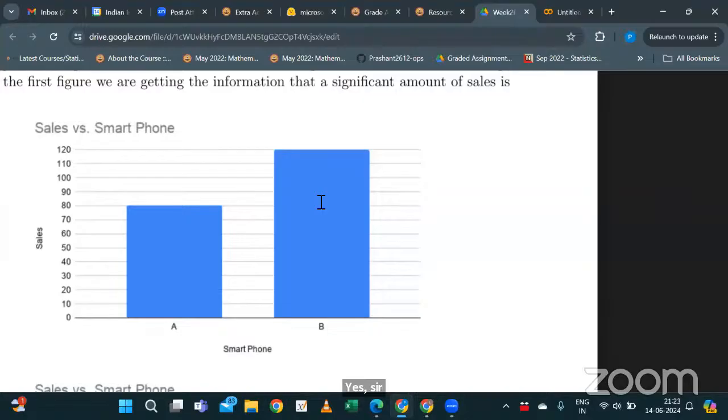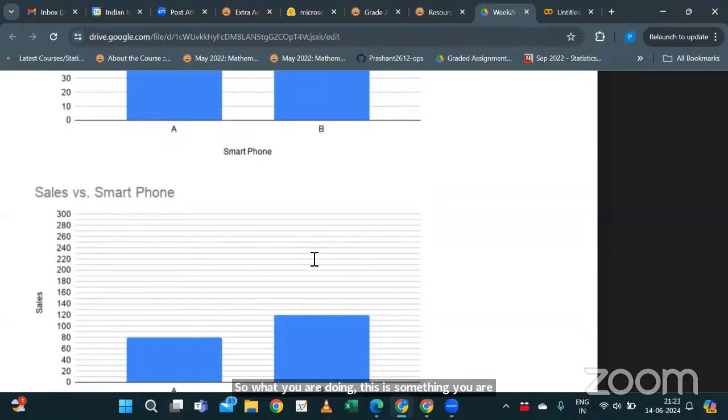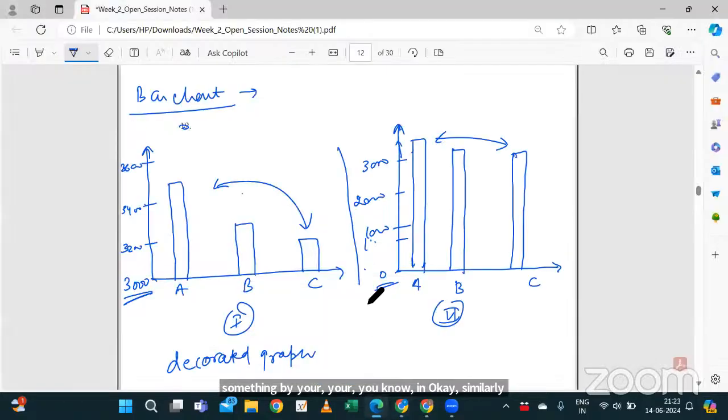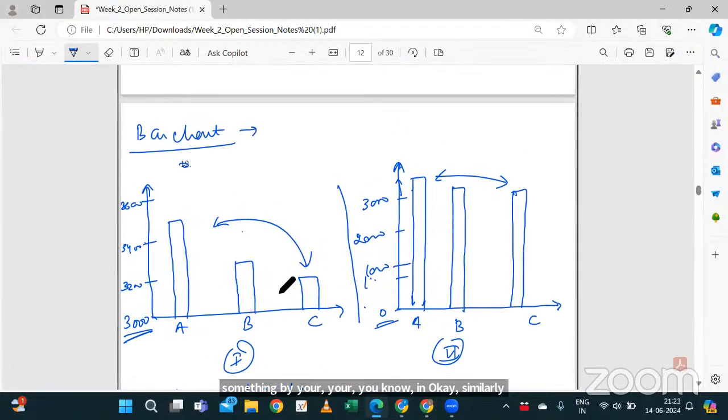You are doing something by your own intention. Similarly, suppose by your intention you want to do it like this. Then what you are trying to show me is that there is a significant difference between A and B, but in reality it's not.